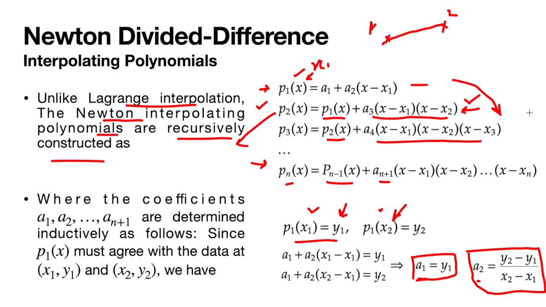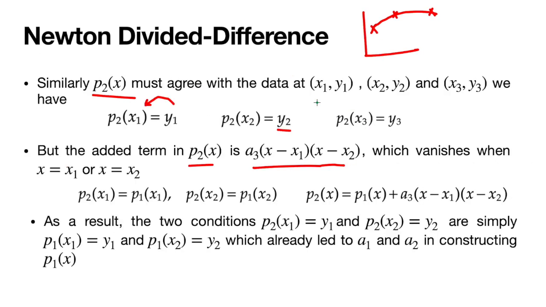This term is the only addition to the value of p1(x). If we put x equal to x1, this term becomes 0, and similarly if we put x equal to x2, this term also becomes 0. This term only operates when we put x equal to x3.